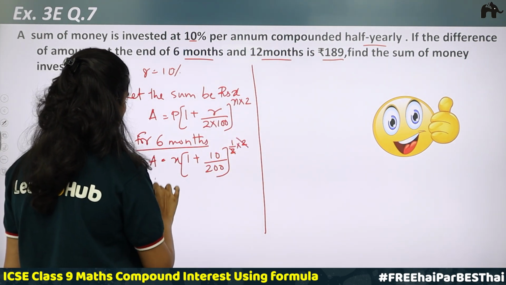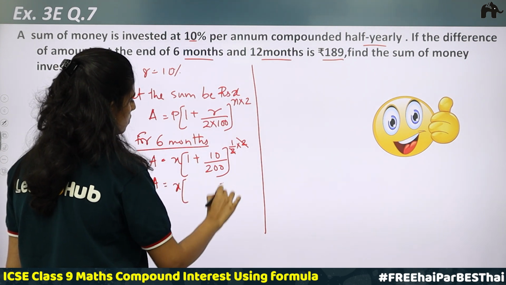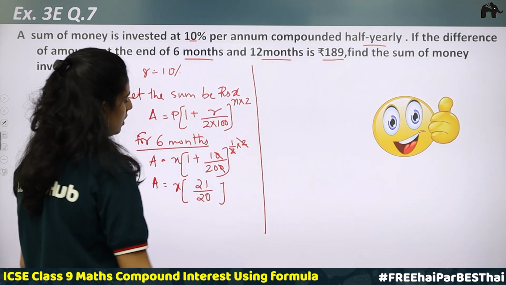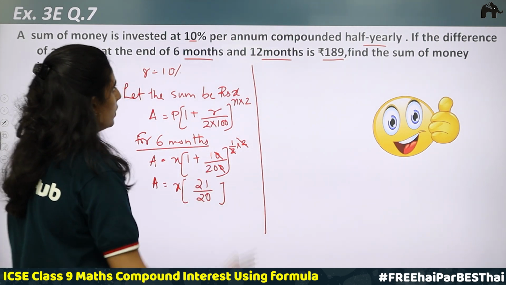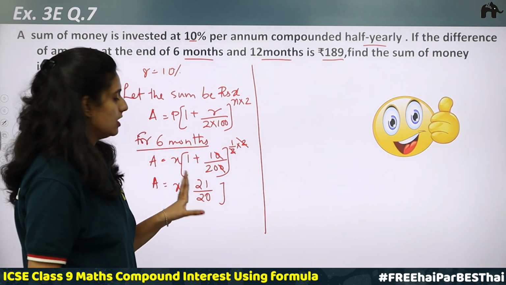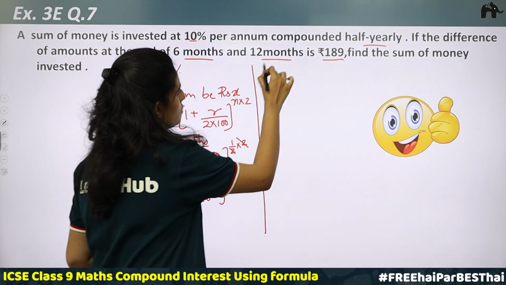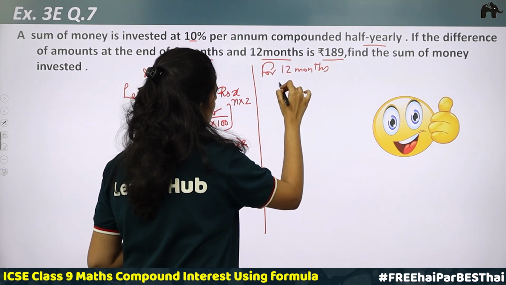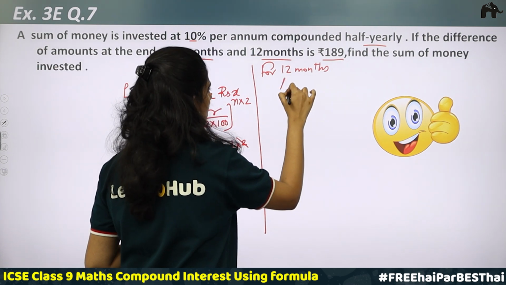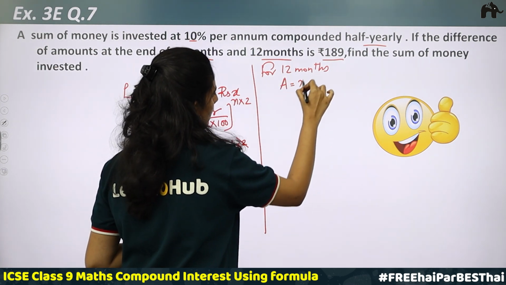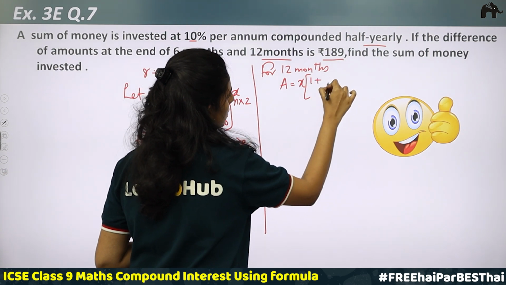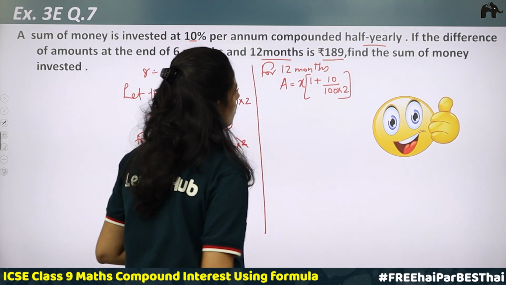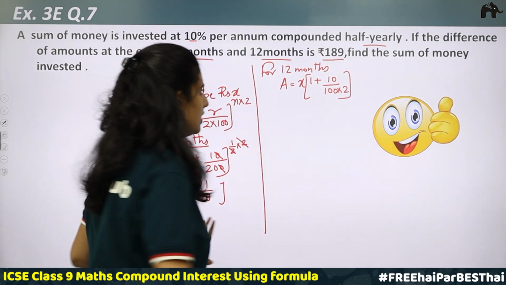So cancelling, you get A is equal to x into, cancelling the zeros, this becomes 21 divided by 20. Okay, this is 21 divided by 20 x. Here this is the amount. Now for 12 months. For 12 months, you will be getting the amount equal to x into 1 plus 10 divided by 100 into 2 whole raised to. 12 months means it is 1 year.